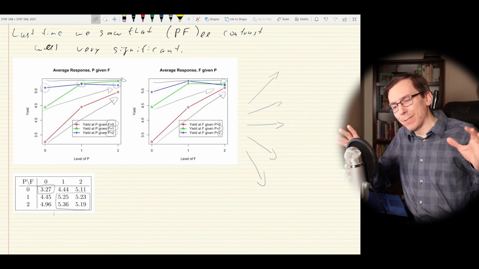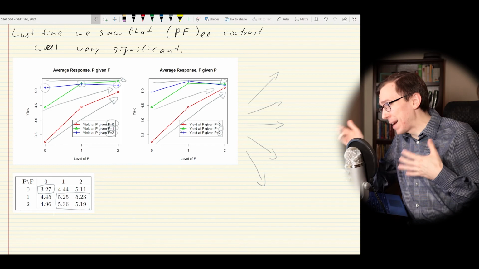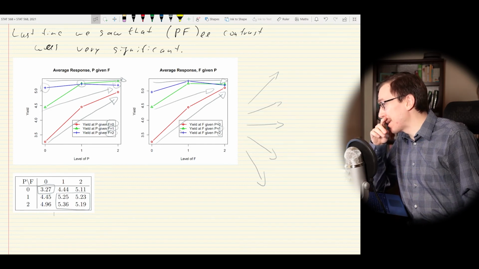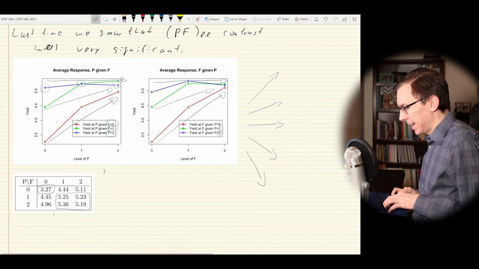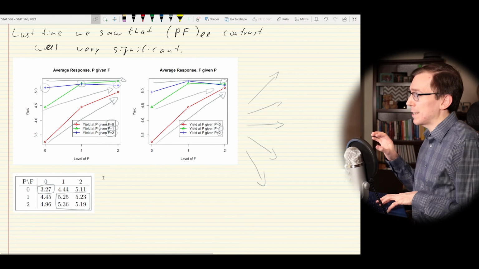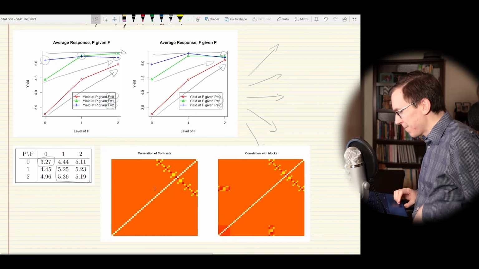So we have a 9-level block factor, and then we have 3-level experimental factors. And one of those experimental factors, I honestly forget which one off the top of my head, is confounded by the block. But what we can do is plot all of the contrasts.